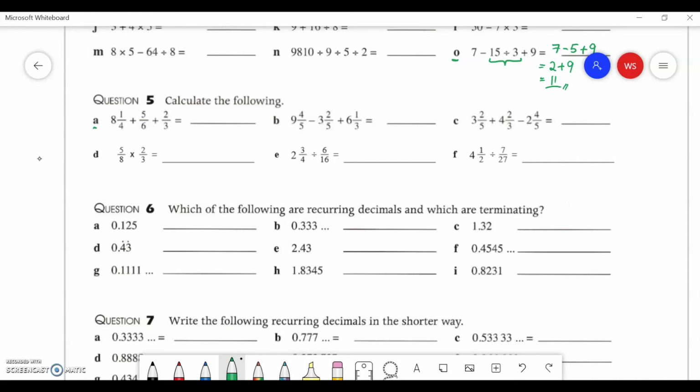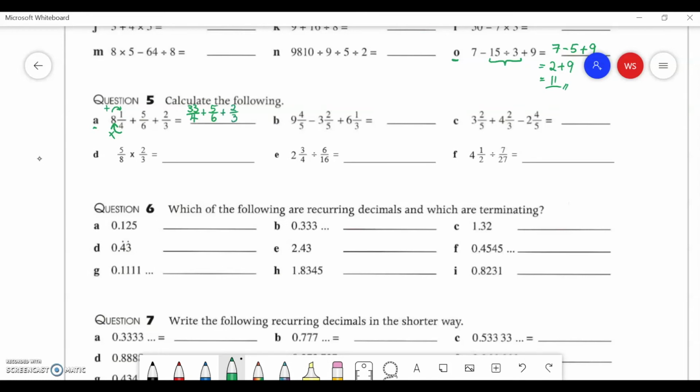So let's change 8 and 1/4 into an improper fraction. So multiplying our denominator with our whole number, 4 times 8 gives you 32. 32 plus 1 gives you 33. So that is 33 over 4 plus 5 over 6, writing out the rest of the equation from there.